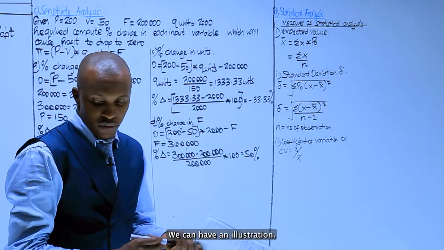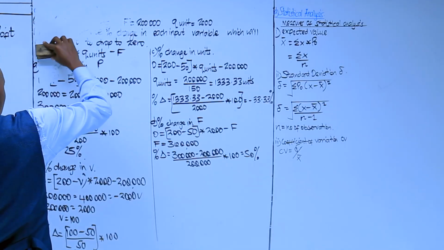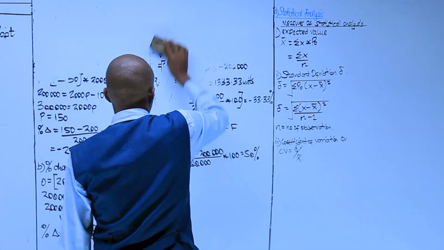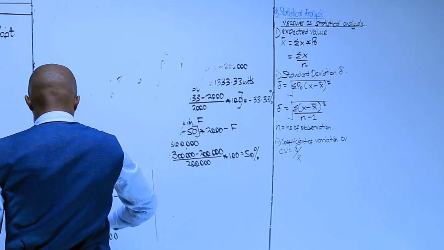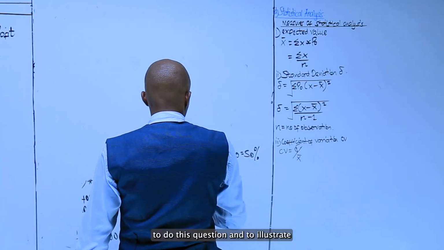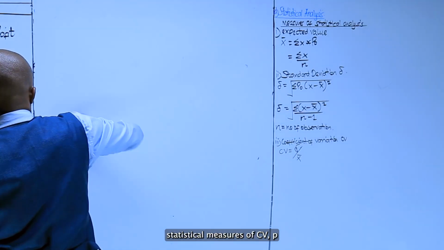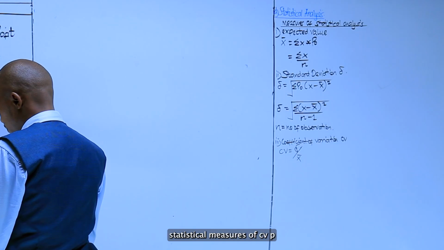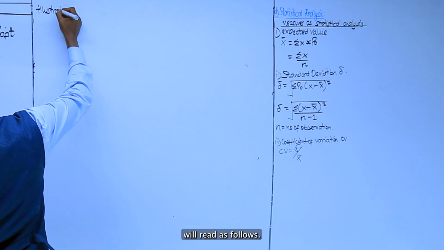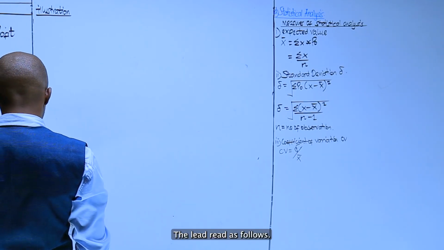We can have an illustration to guide us on statistical measures of CVP. The illustration will read as follows.